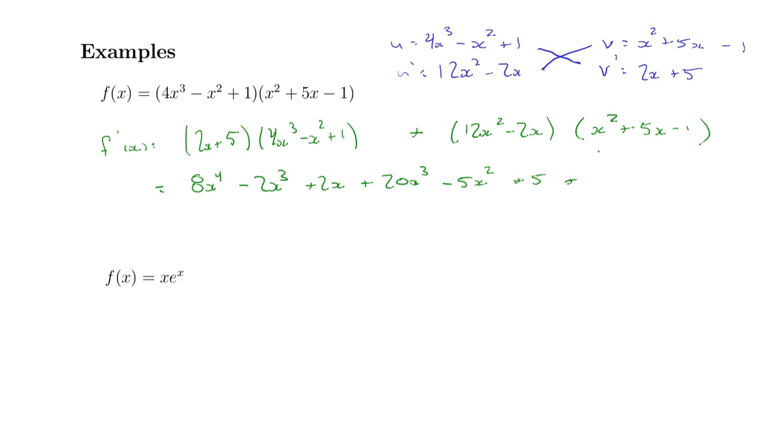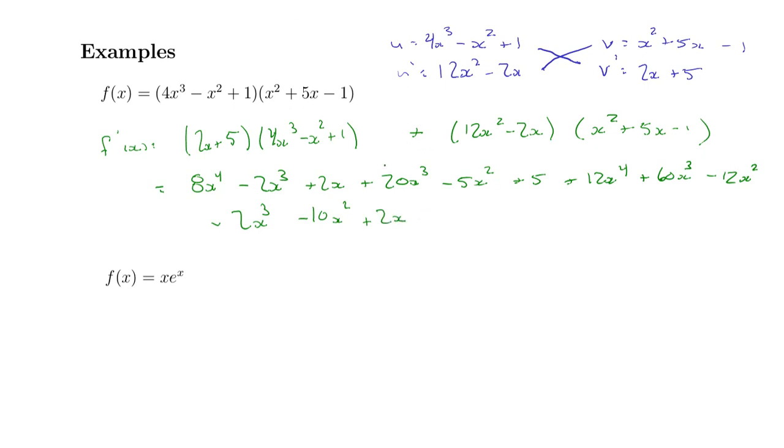And now I'll do all these ones. 12x to the 4 plus 60x cubed. That's 12x squared times 5x. Minus 12x squared, minus 2x cubed, minus 10x squared, plus 2x.